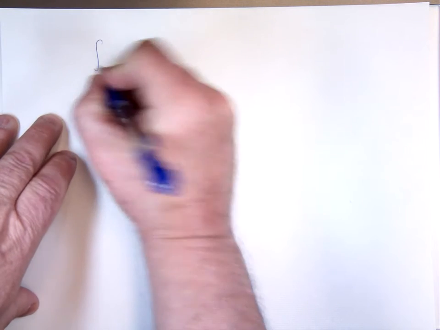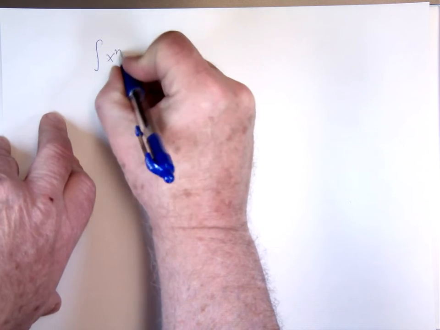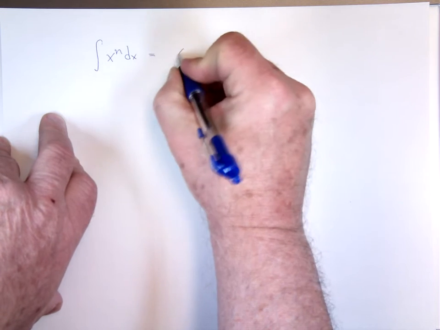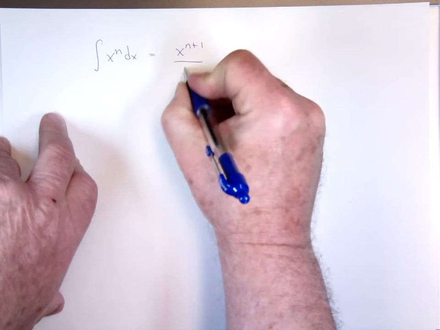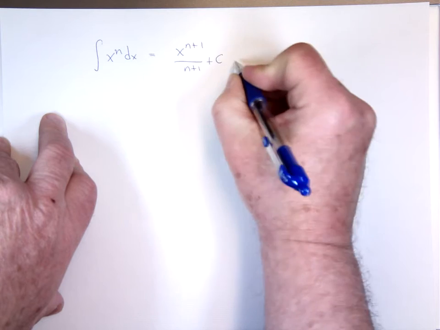Let's go on. This next section, 5.5, is very important, okay? Very important. Right now, we have integrals. Let me give you the integration forms we have right now. The integral of x to the n is x to the n plus 1 over n plus 1 plus c, where n is not -1.